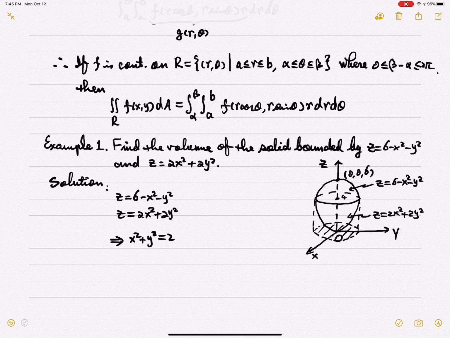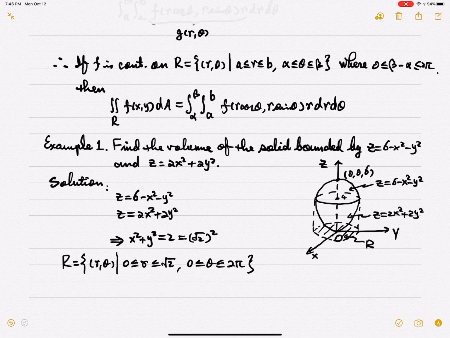Now if I call this R, then if you use polar coordinates, it's very easy to describe. This is equal to root 2 squared, so that means r changes from 0 to root 2, and theta changes from 0 to 2 pi.